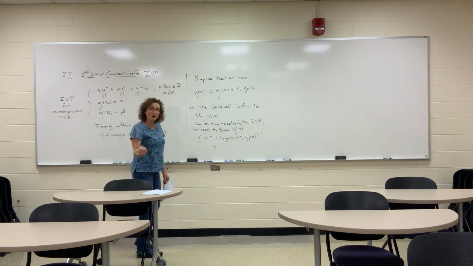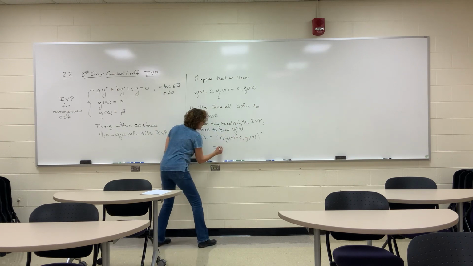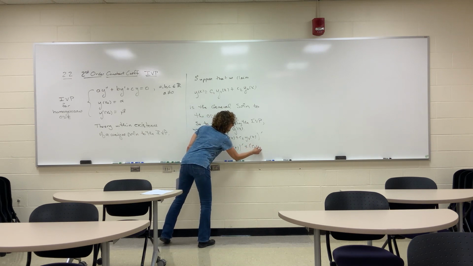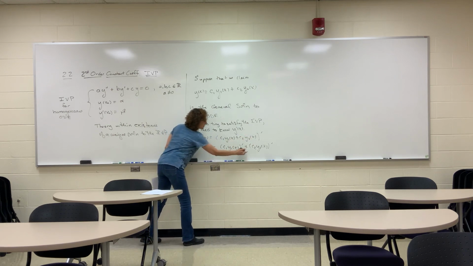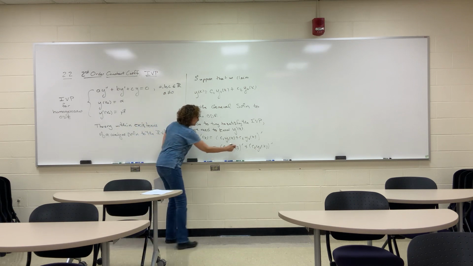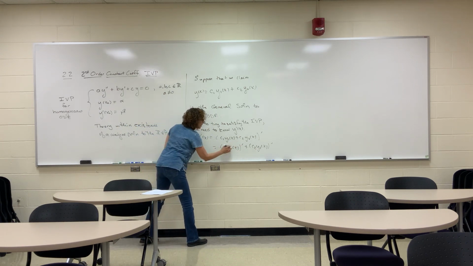But we've got these awesome rules from calculus, right? That the derivative of a sum is the sum of the derivatives, yeah? And so that sum rule would say it's okay to say that, right? The derivative of this sum is the sum of those two derivatives, but each one of those individual derivatives is the derivative of a constant times a function, right? And what is the derivative of a constant times a function?